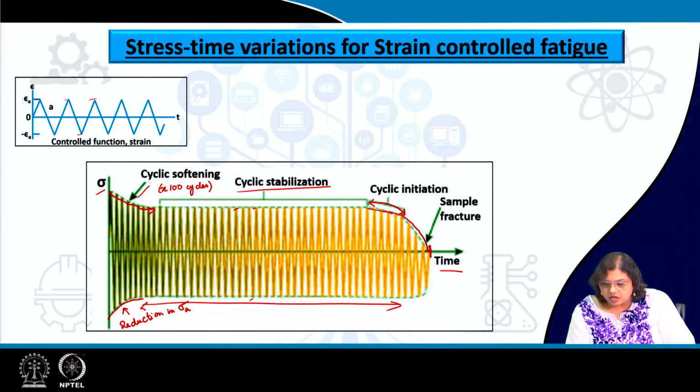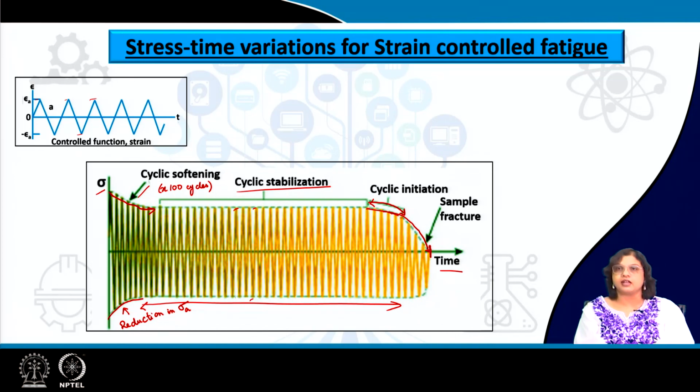Another interesting thing to note on this curve is that this kind of reduction in the stress level is particularly seen on the tension side and not much on the compression side, because we already know that under compression the crack is supposed to close.